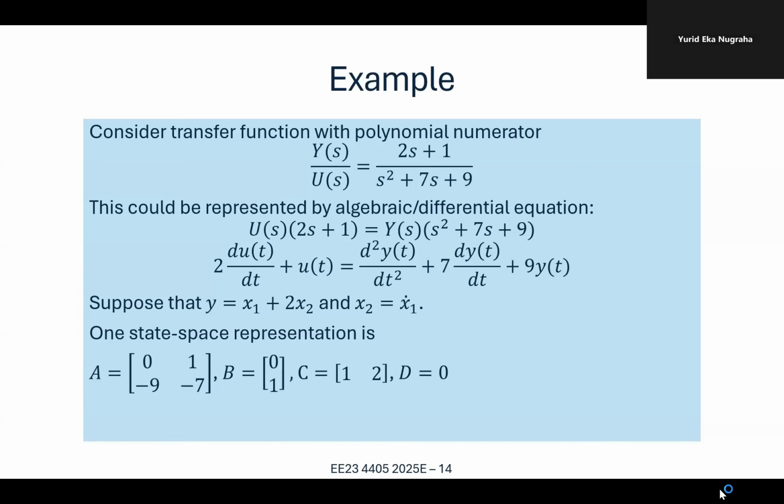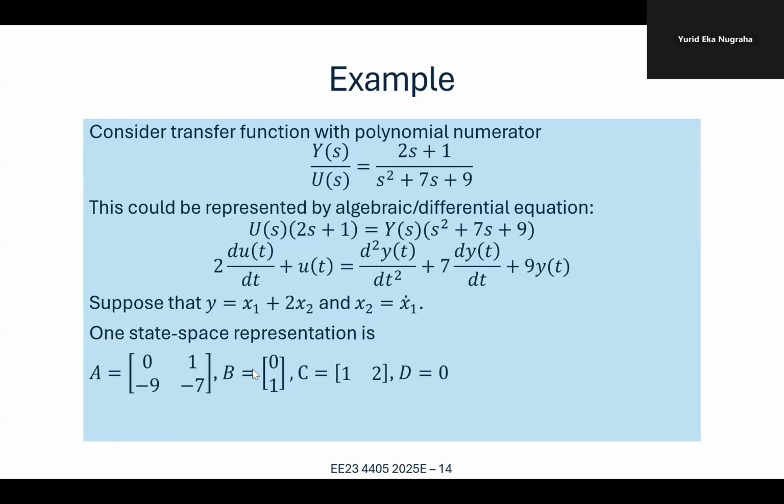Okay, so in this example, we see that there is a polynomial in the numerator, and this one could be handled a little bit differently from the other problem. With a polynomial numerator, we can set the output to be related to the polynomial, so x1 plus 2x2.